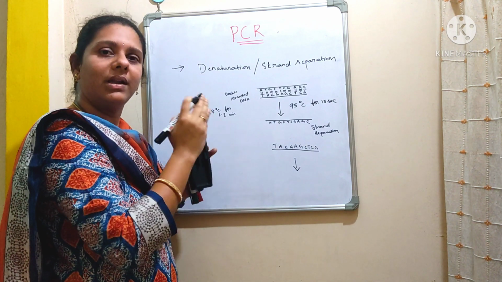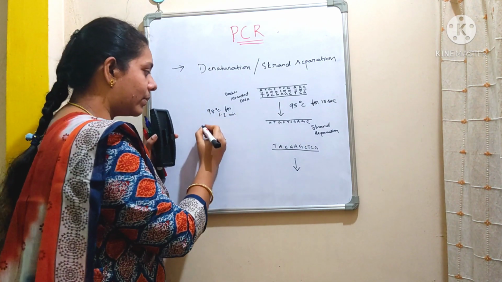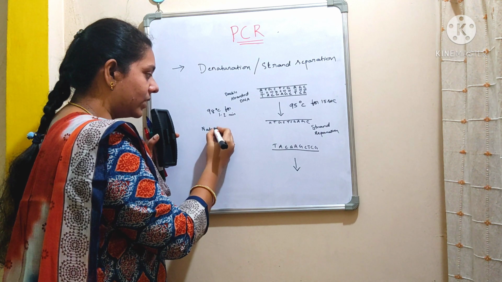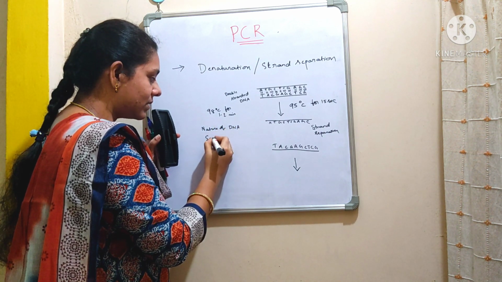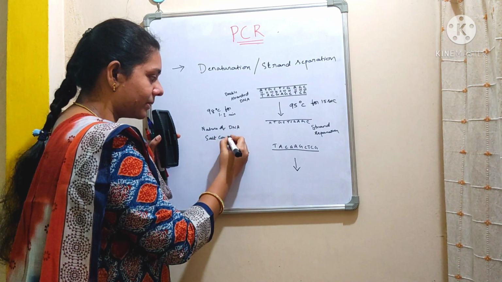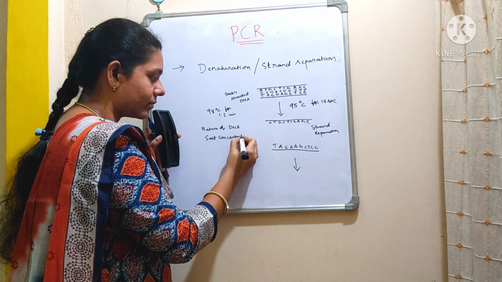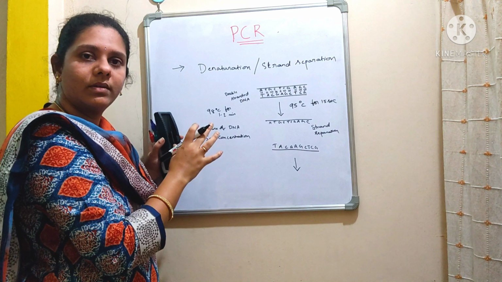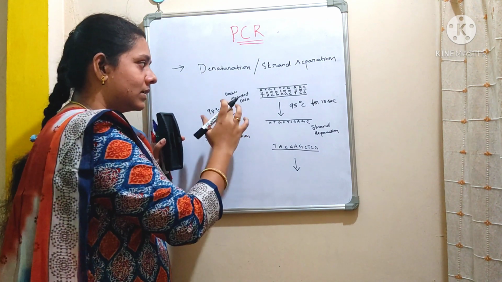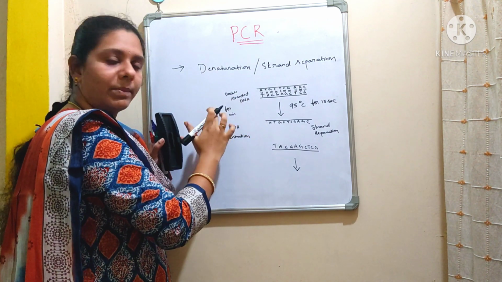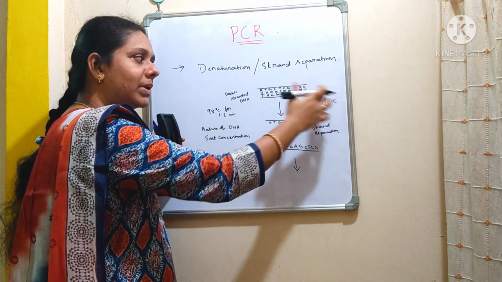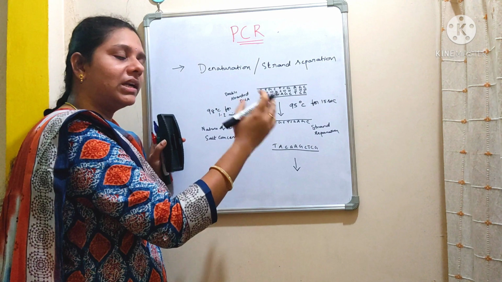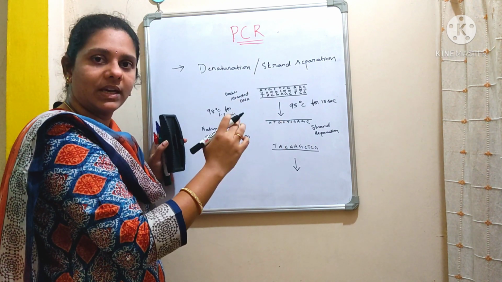So this time and temperature may vary depending upon the nature of DNA and the salt concentration that is present in the buffer. Do you understand? Some papers have mentioned 98 degrees centigrade for 1 to 2 minutes and some papers have mentioned 95 degrees centigrade for 15 seconds.